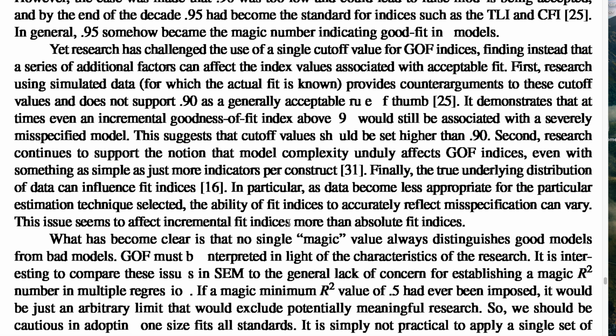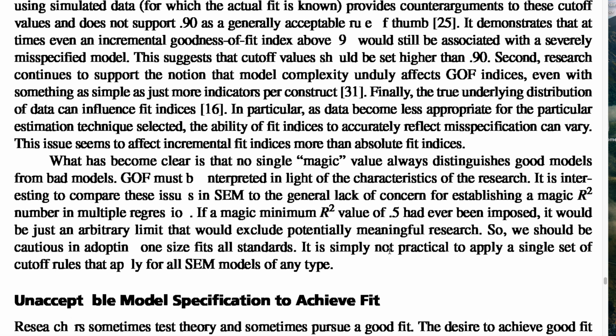What has become clear is that no single magic value always distinguishes good models from bad models. Goodness of fit must be interpreted in light of the characteristics of the research. It is instructive to compare these issues in structural equation modeling to the journals' lack of concern to establish a magic R2 number in multiple regression.